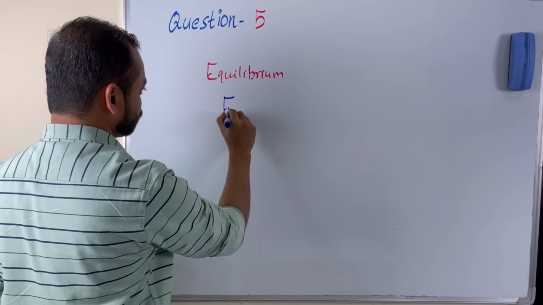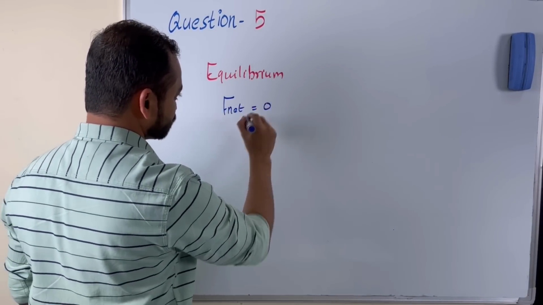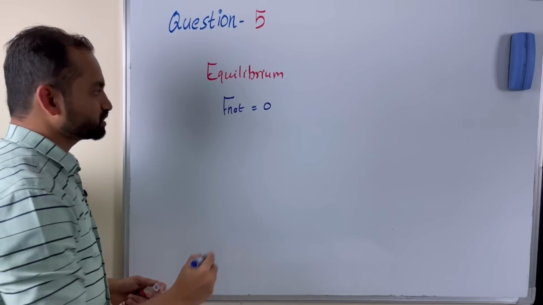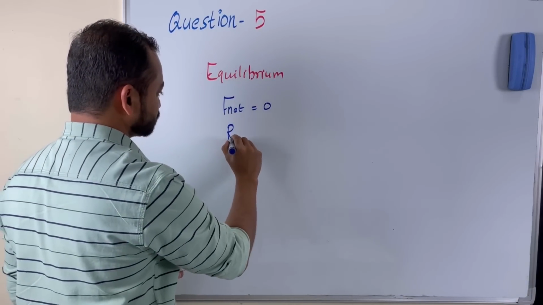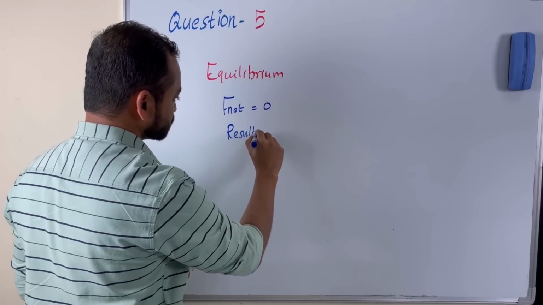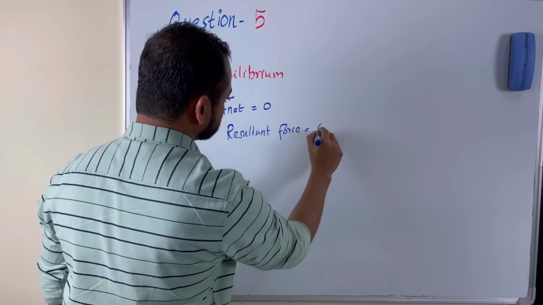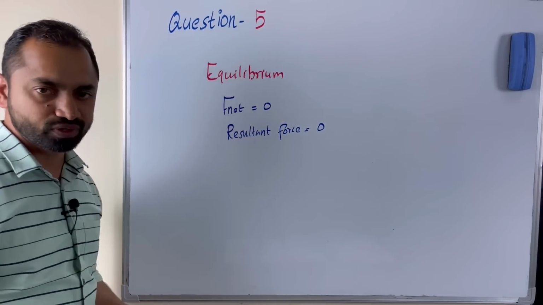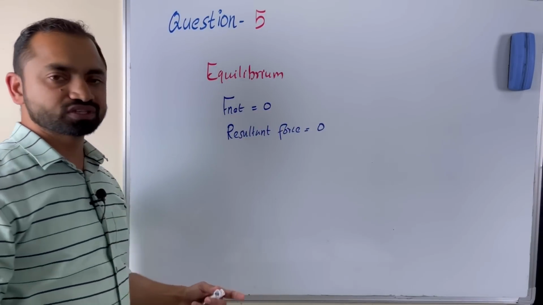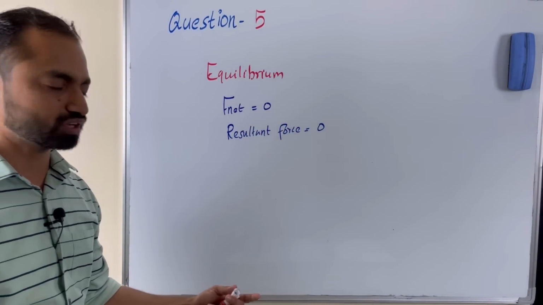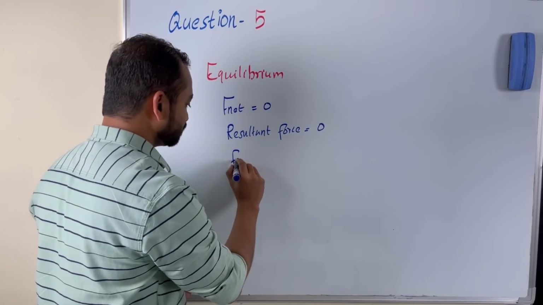We say net force, or we say resultant force, both are the same thing, different name. If an object is in equilibrium, resultant force is equal to 0, or the condition for equilibrium is that forces are balanced.